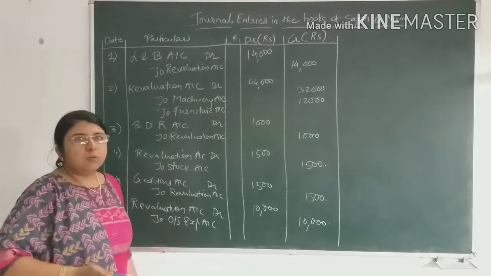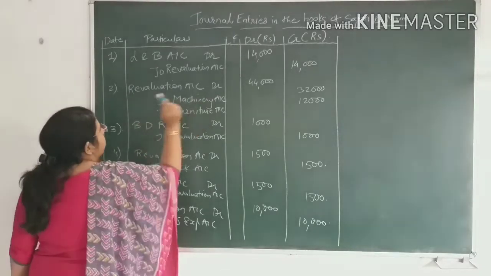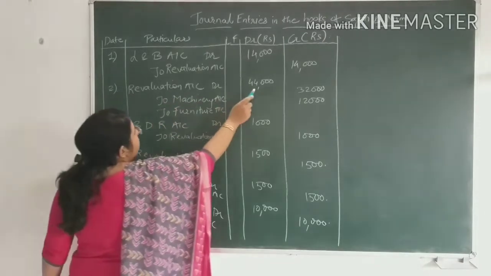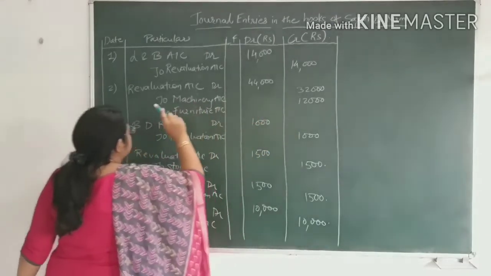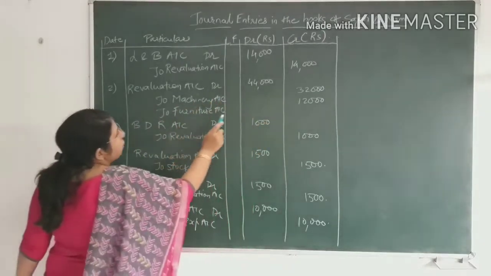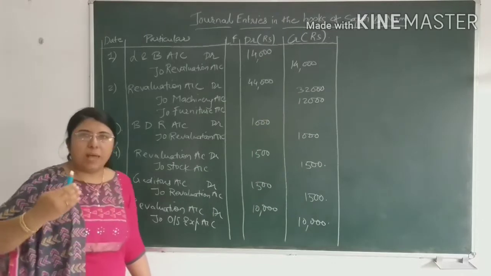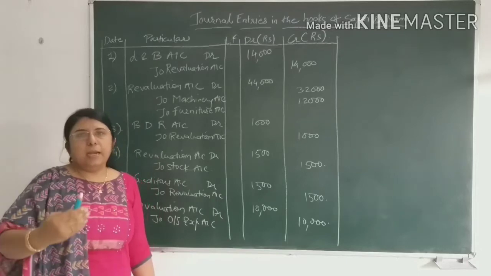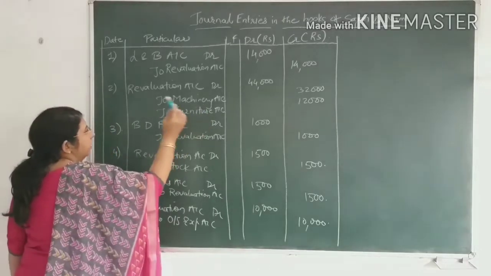If loss occurs to the firm, then always revaluation account will be debited. So over here the second journal entry would be revaluation account debit, that is total of 32,000 plus 12,000, that is 44,000. To machinery account credit 32,000, to furniture account credit rupees 12,000. It means due to decrease in the value of asset, loss occurs, so revaluation account will be debited, and assets value decreases, so opposite effect of assets, that is credit effect.